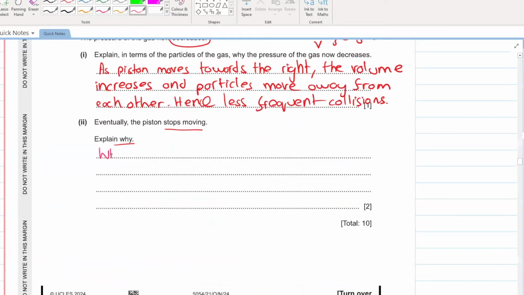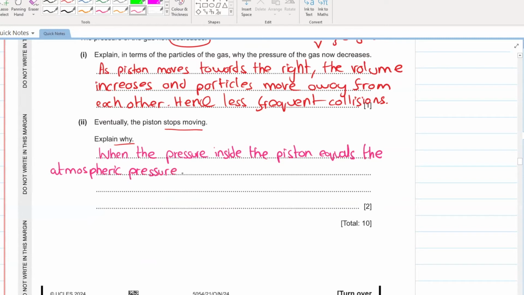When the pressure inside the piston equals the atmospheric pressure, what happens?